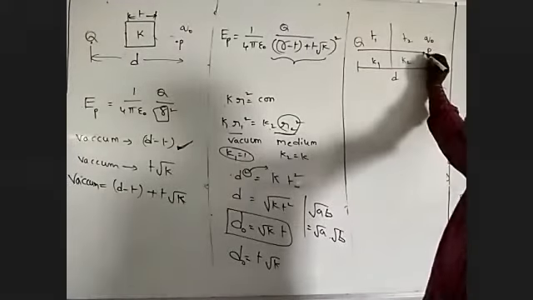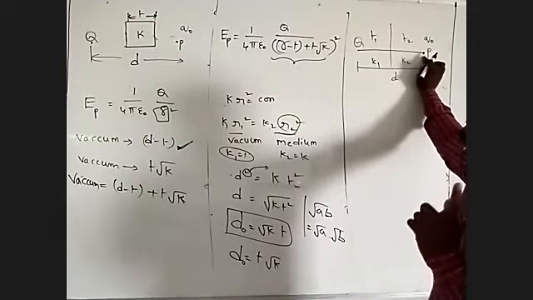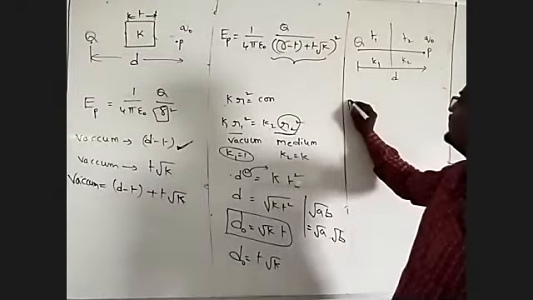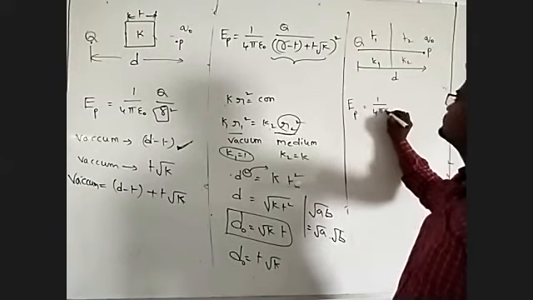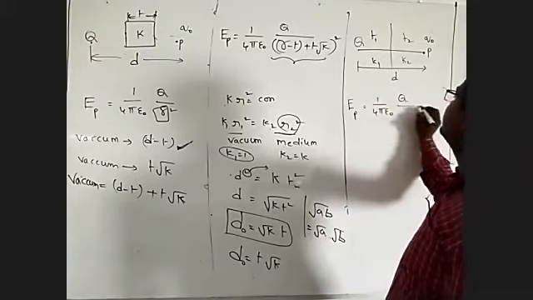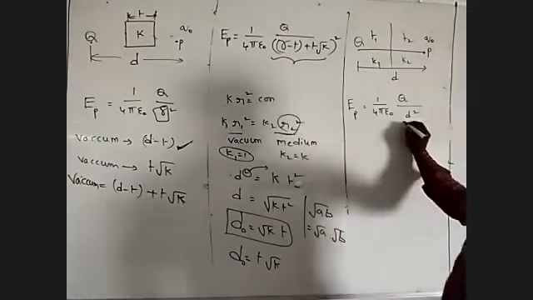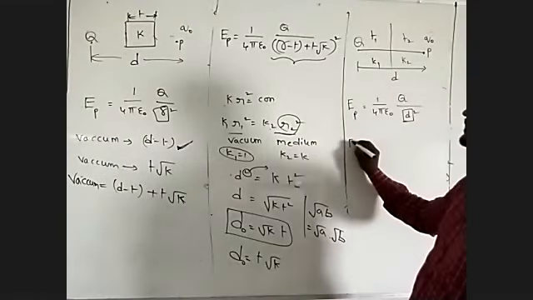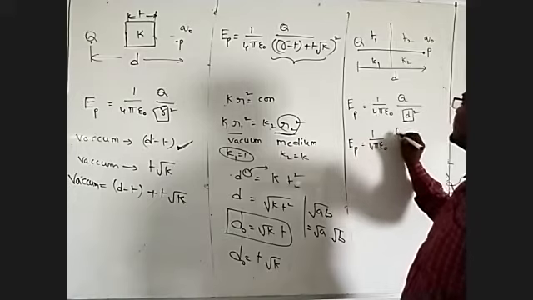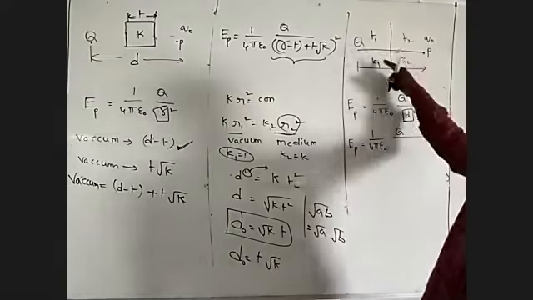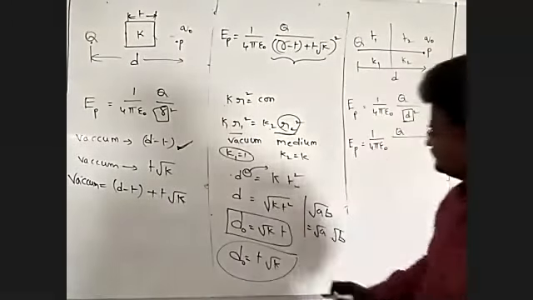But at this point, we have to calculate the intensity of electric field. Intensity of electric field at this point is equal to 1 by 4 pi epsilon naught capital Q by D square. EP is equal to 1 by 4 pi epsilon naught capital Q by D, you can apply this formula here.